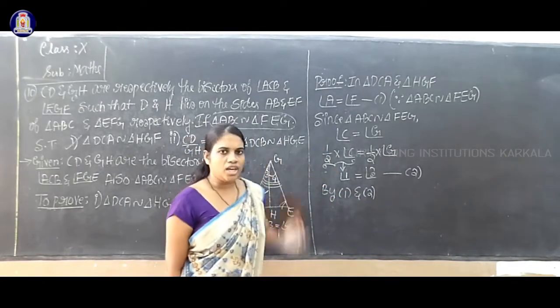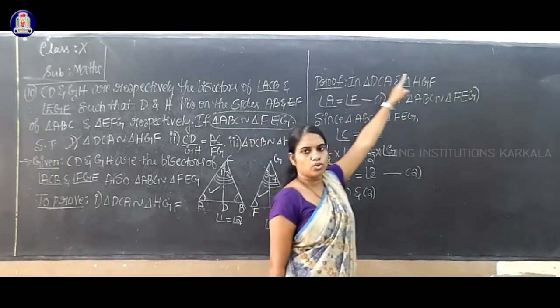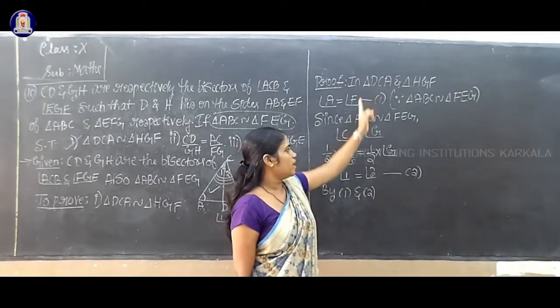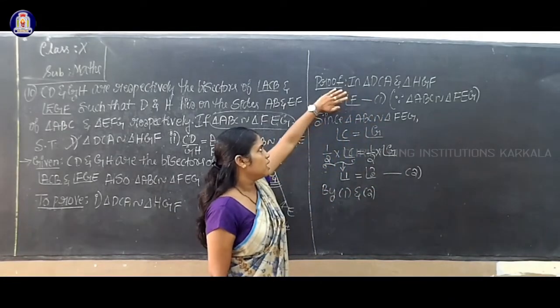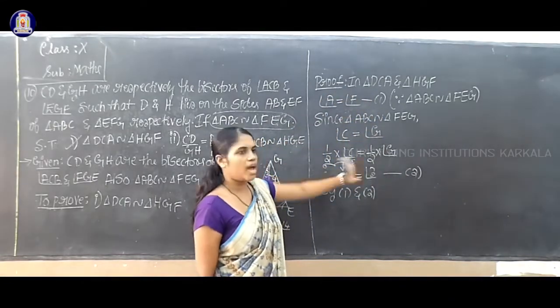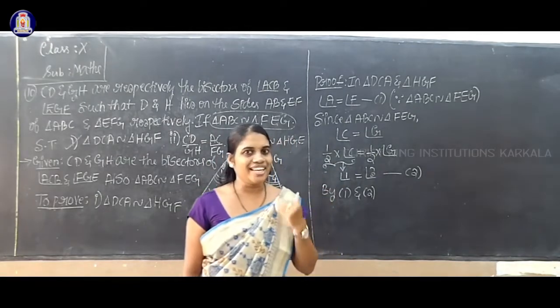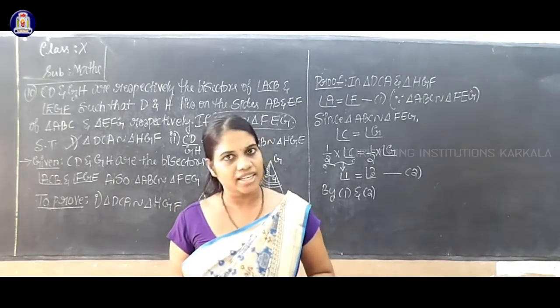Actually our intention is to prove these two triangles are similar. By using 1 and 2, just compare: angles equal, here also angles equal, isn't it? So can I use a similarity criteria here? Yes.